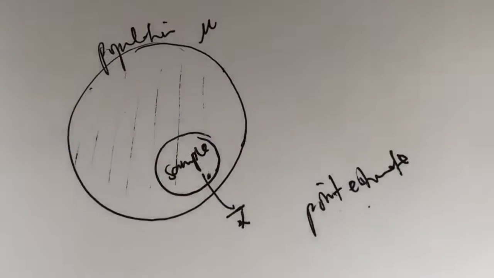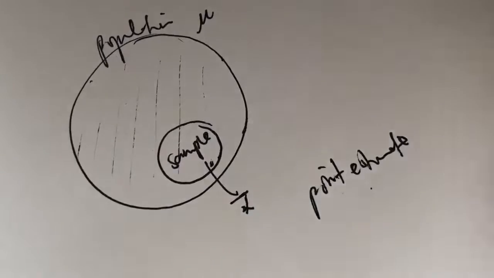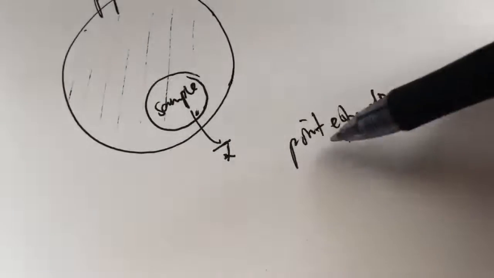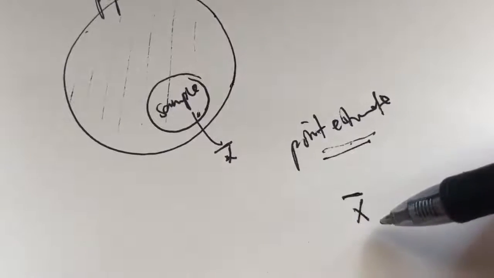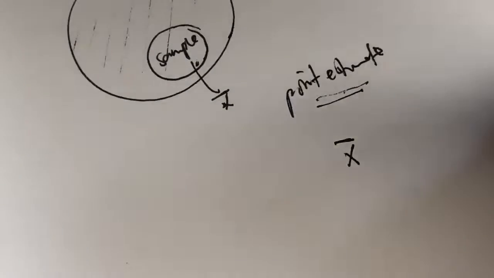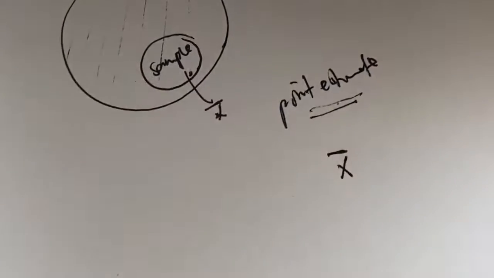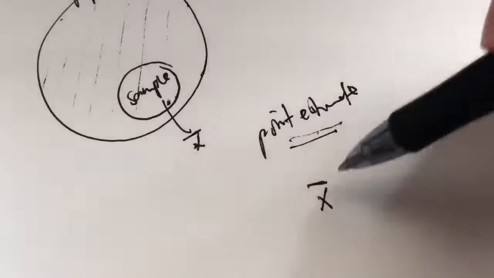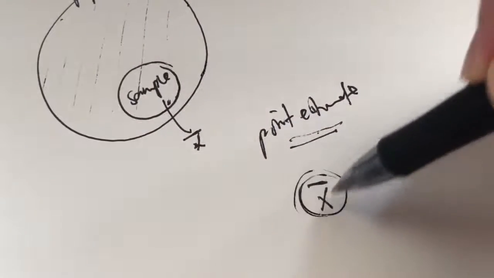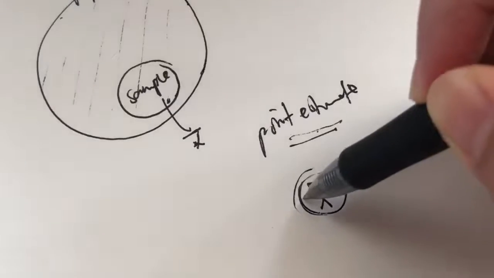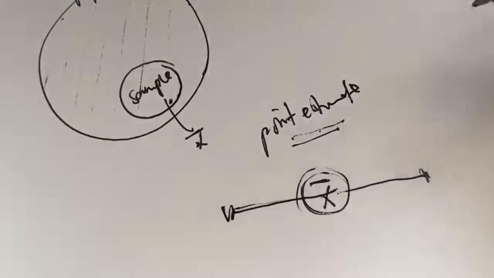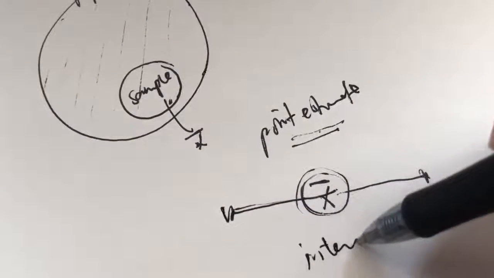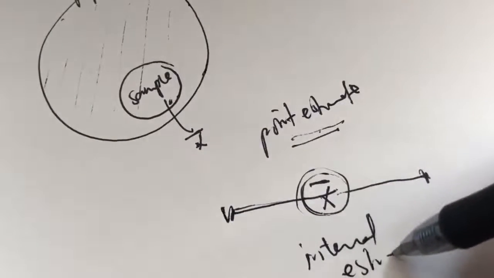That is why in practice, it's very rare we just rely on one value or point estimate. So x bar is our point estimate. It's very rare that we only rely on x bar to estimate the value of mu. Instead, what we do is, from that one value, we come up with a range of values. Okay, so this range of values are called the interval estimates.